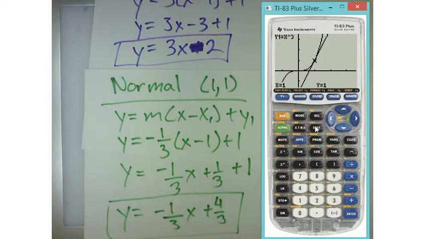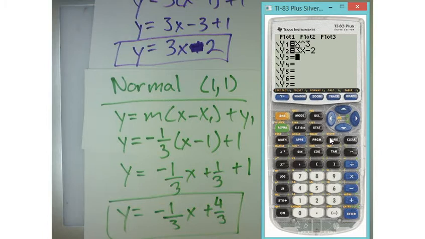Well, let's graph it and see. Now I have to confess that when we graph this, it won't look like it's exactly a 90-degree angle because your calculator is a little skewed. It's stretched out a little bit more horizontally, but it is.